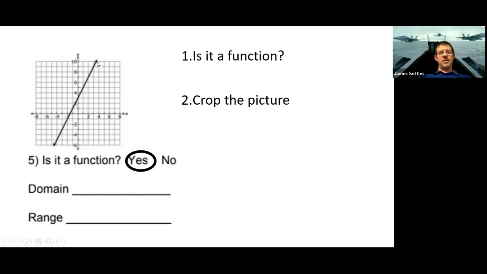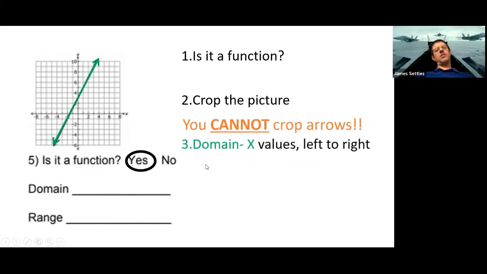It's not a dot. It's an arrow. Over here, can we crop this side? That's an arrow. You can't crop arrows. So I can't crop the right-hand side, and I can't crop the left-hand side. So if you can't crop either side, then our domain is all real numbers.